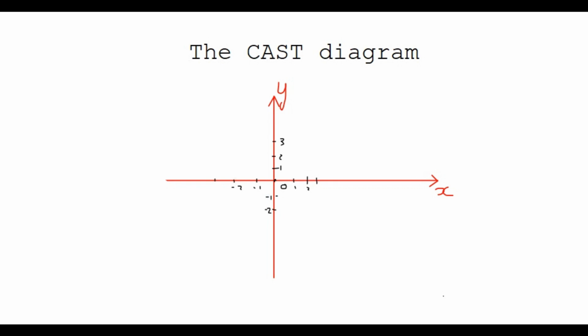Therefore, this is known as quadrant 1, this is 2, 3, and 4. Just note I used Roman numerals to indicate that. In quadrant 1 we have positive x and positive y, so everything in quadrant 1 will be positive.